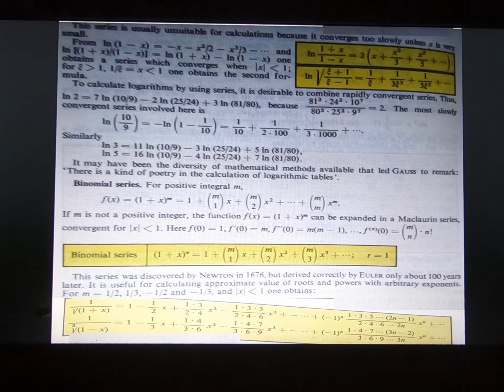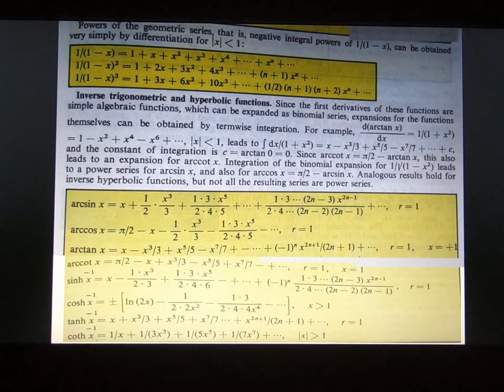And these are some examples. And if it is a negative integer, you also can expand it like this. And these are some examples of arcsine, the inverse trigonometric function, and hyperbolic function.